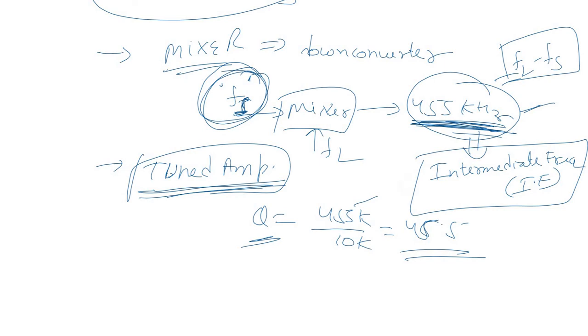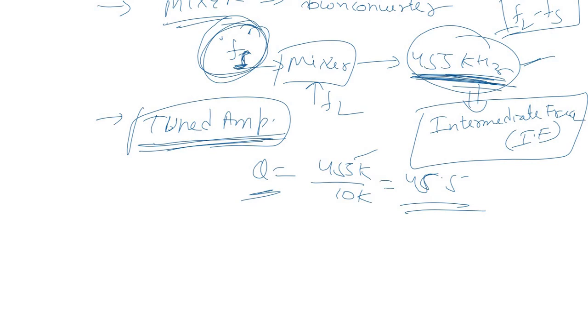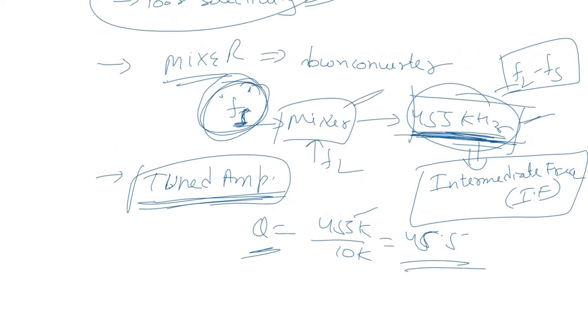So in the superheterodyne receiver, we have to tune it to only a single frequency, 455 kilohertz, and that remains fixed. Nothing has to be changed further. And that is possible only with the help of a mixer, because the mixer converts all the incoming signal frequencies to 455 kilohertz only.